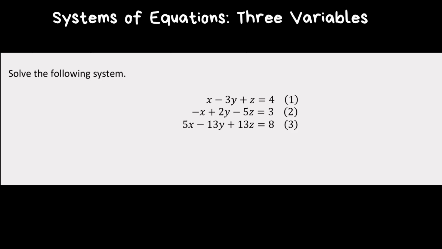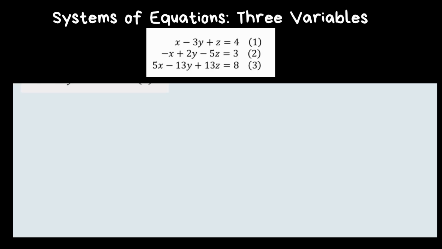Okay, moving on to example 4 now. Let's look at example 4. I want to eliminate, let's go with x. Well, let's eliminate x twice. So I'm going to use equation 1 and equation 2. I don't have to do anything with those.